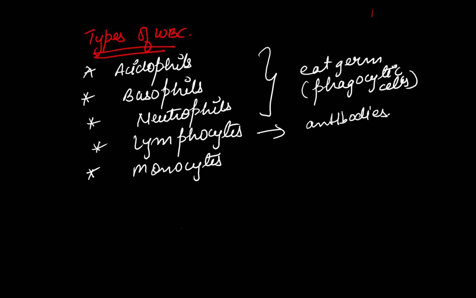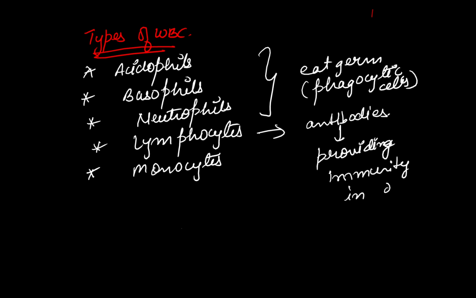Then our immune system, our lymphocytes, start making antibodies in response to these antigens and kill them. So WBCs manufacture antibodies, which are responsible for providing immunity in our body.